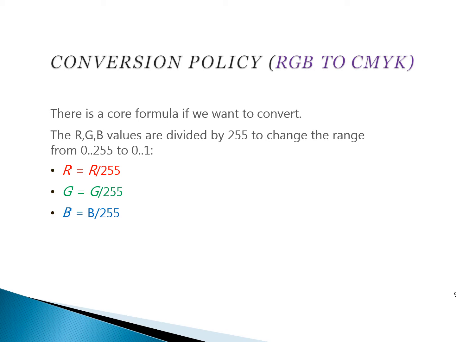First we have to divide by 255 to change the range from 0 to 255 into 0 to 1, because the minimum and maximum values are 0 and 1. So the RGB values should be divided by 255.